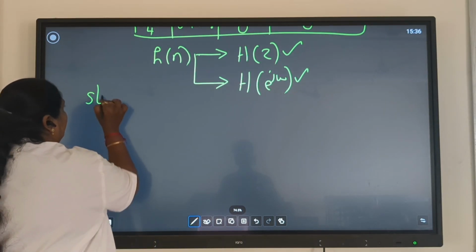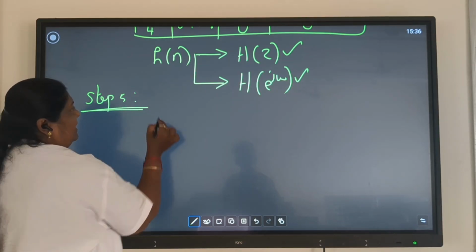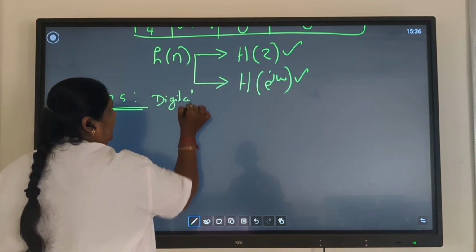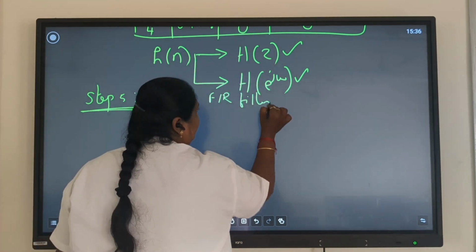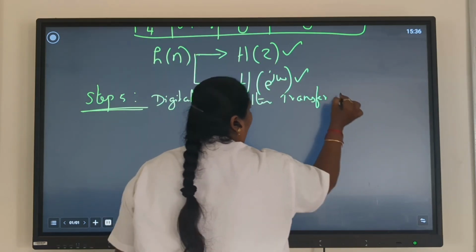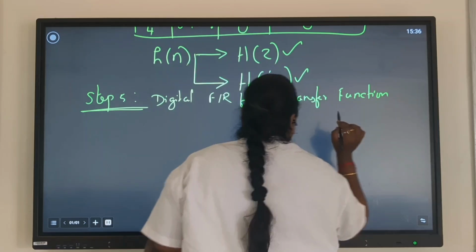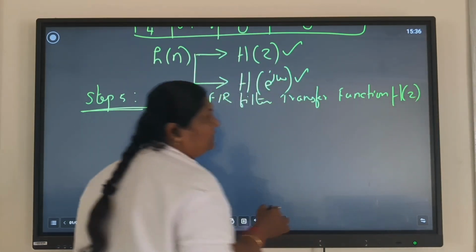So step 5. In step 5, I am going to find the digital FIR filter transfer function, h of z. How can I find this h of z?